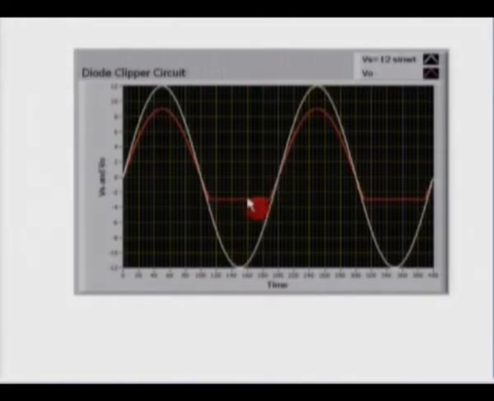You might get it depending on the value of resistance you choose, but for most of the values you would use, you would see a small variation of the sine here. This you can get if you use the piecewise linear model, which is given in your handout. If you do that, you would be able to get a fairly accurate estimation of what you are actually going to see.